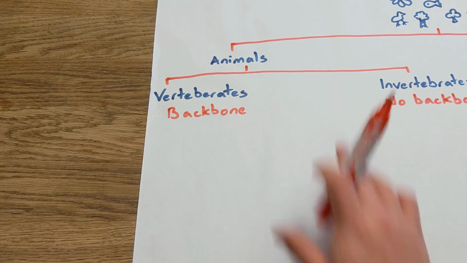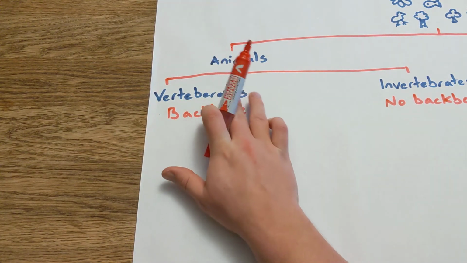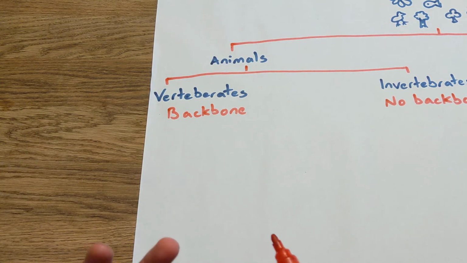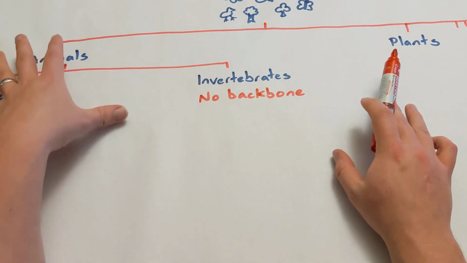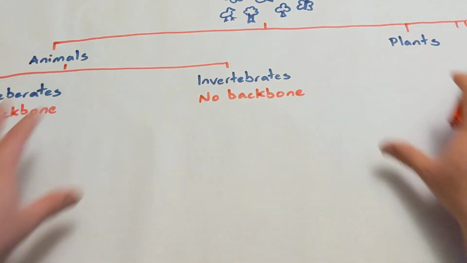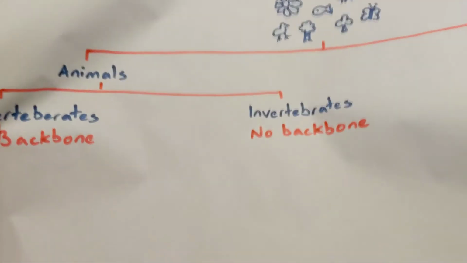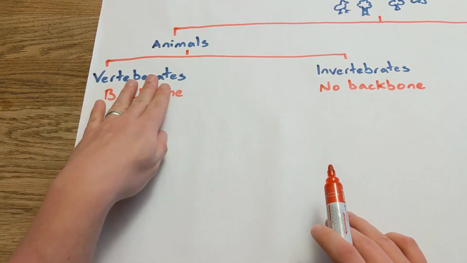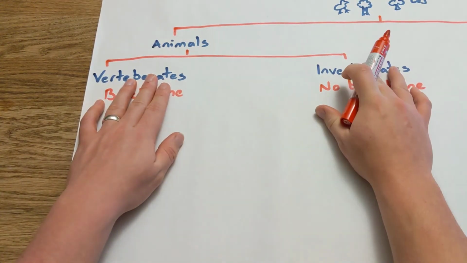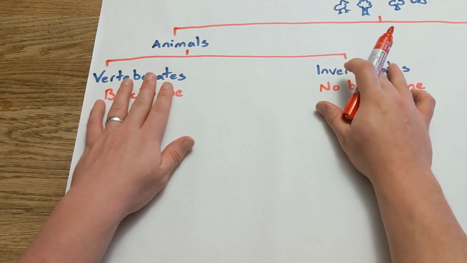But we said we were splitting these up into different groups that were like each other. So that's why we went animals and plants, because animals are sort of like each other and plants are like each other. And then we split the animals up and we've said, well, vertebrates are all like each other because they have backbones, and invertebrates are all like each other because they don't.